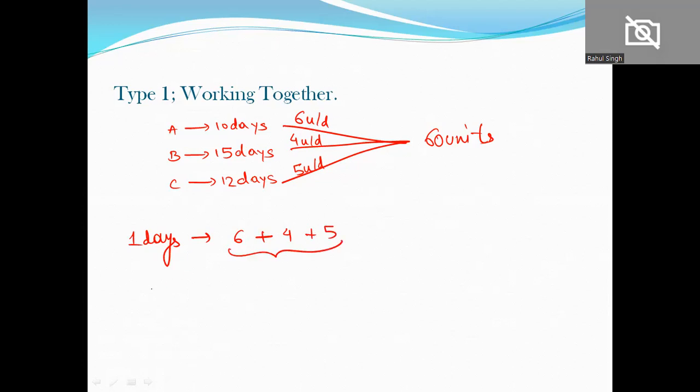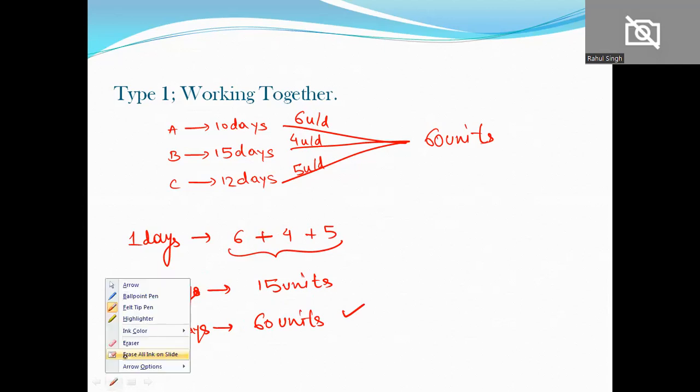Together, these three people put 15 units of work in 1 day. To complete 60 units of work, they will take 4 days. In 4 days, 60 units of work will get completed. Right, this is how we solve working together के problems.